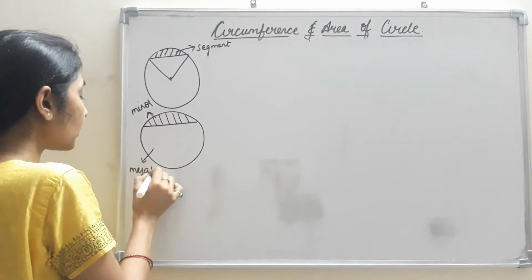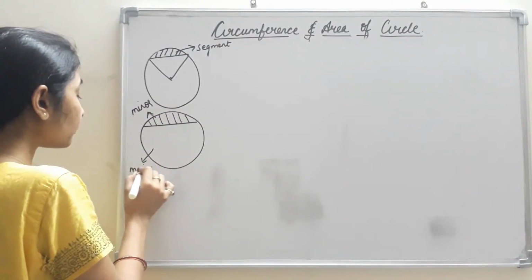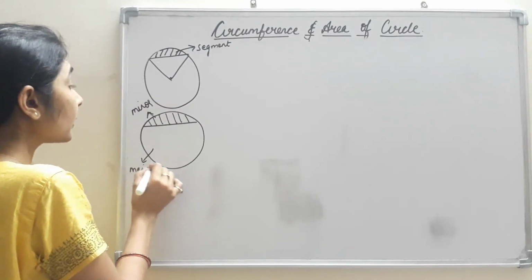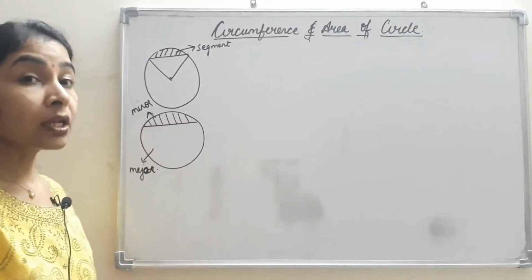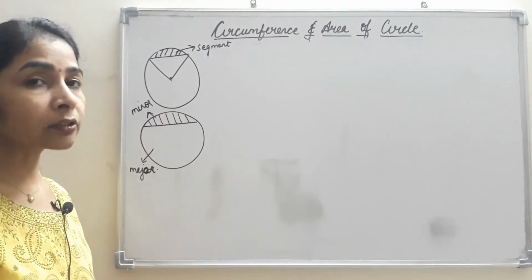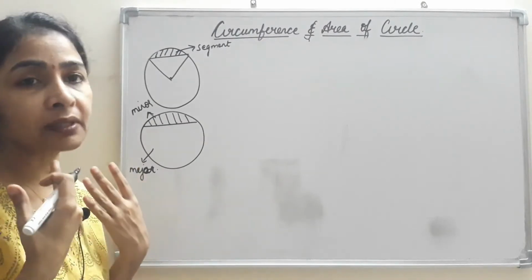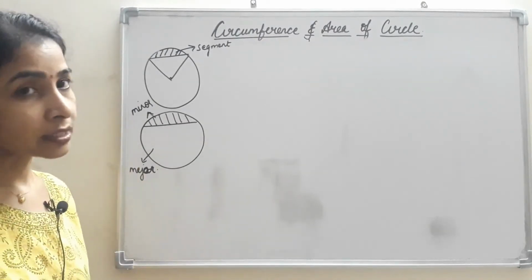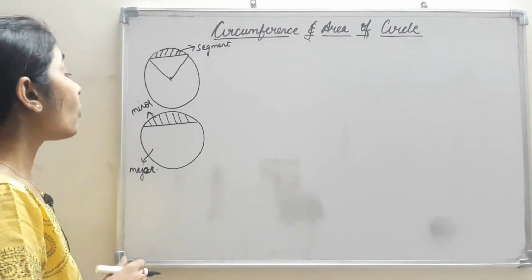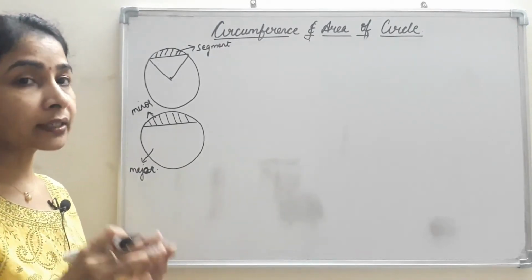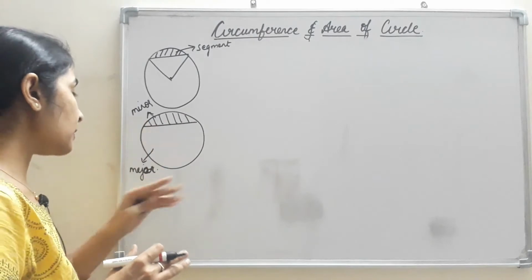We are going to learn here the formula for finding out the area of the minor segment, and the major segment we can calculate by just subtracting the area of the minor segment from the area of the circle. Now what is the formula for finding out the area of this segment?